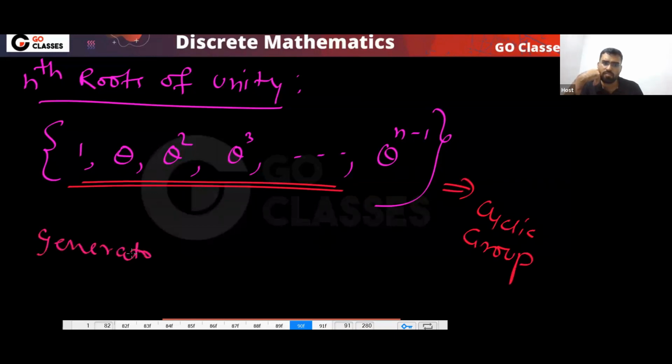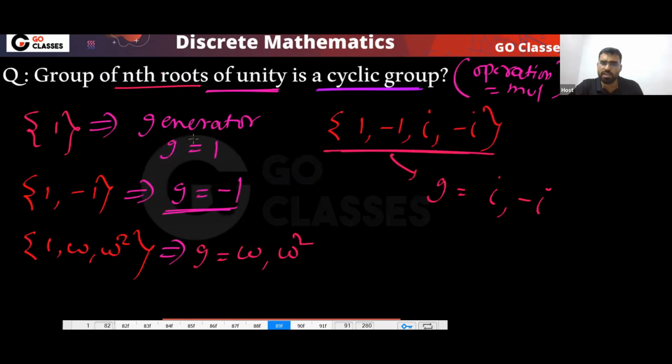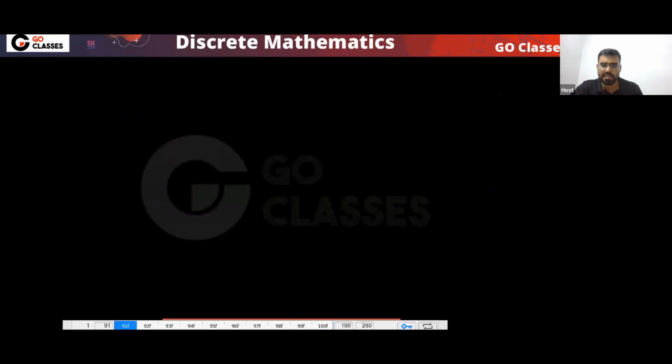This theta is your generator. Okay, so nth roots of unity we have already seen. Whatever nth root of unity you take, the third root of unity, the fourth root of unity, whatever you take, it is always a cyclic group. So the answer is yes.